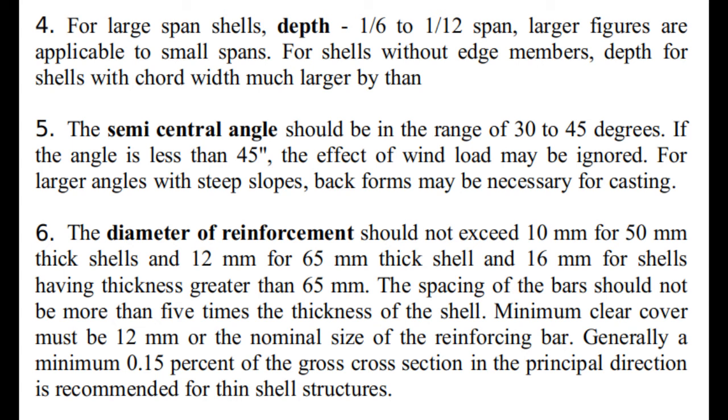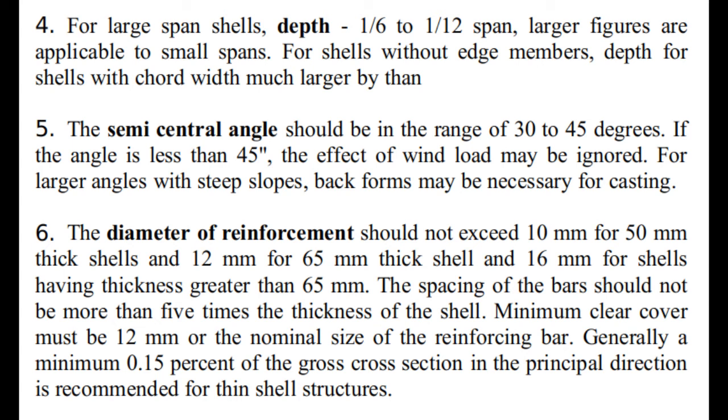The diameter of the reinforcement should not exceed 10 mm for 50 mm thick shells, 12 mm for 65 mm thick shells, and 16 mm for shells having thickness greater than 65 mm. So these are all the requirements. You should keep it in mind. And the spacing of the bars should not be more than 5 times the thickness of the shell.